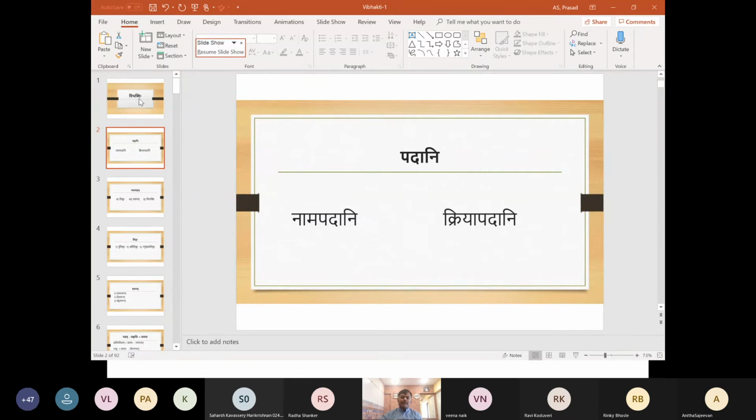Kriyapadasya root form eva dhatu. I explained in earlier classes that Pratipatikam is the root form of Namapadas and the root form of Kriyapadas is Dhatu. Dvisahasra Adhikaha Dhatu Rupani Santi. 2000 plus Dhatu forms are there.